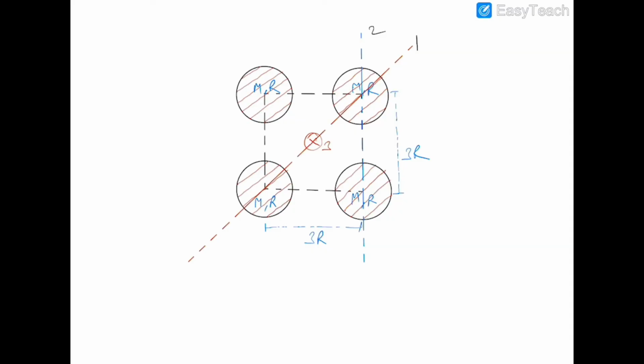So let us first of all name the spheres. This is sphere number 1, or we can say that it is A, this is B, this is C, and this is D. So the moment of inertia of the system about axis number 1 would be twice of 2/5 mr².